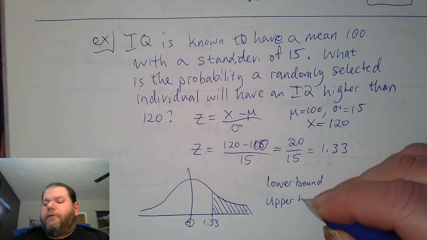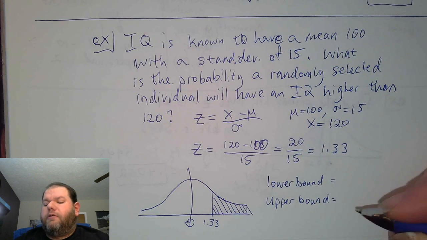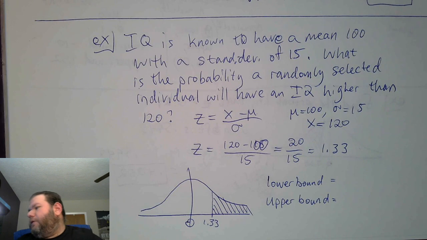What will we use as our lower bound and our upper bound in this case? If we're going to use our calculators, which hopefully we will.